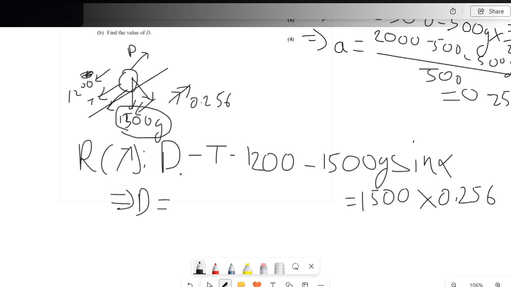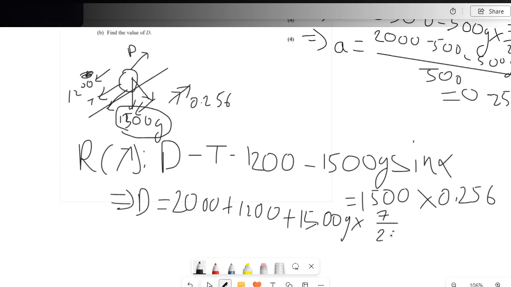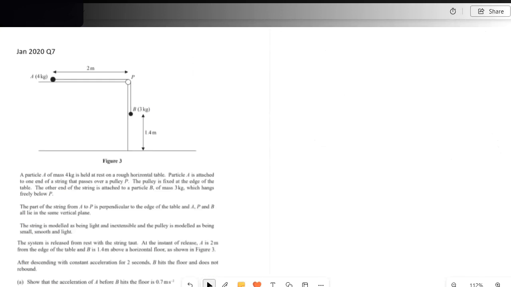So rearranging and substituting the values, D equals thrust, which is 2000, plus 1200, plus 1500g multiplied with sine alpha being 7 by 25, plus 1500 into acceleration, which is 0.256, and so calculating we get 7700 newtons, and this is our driving force D.